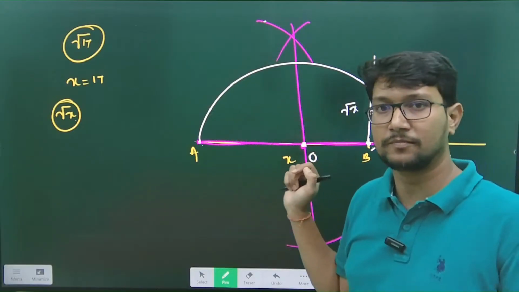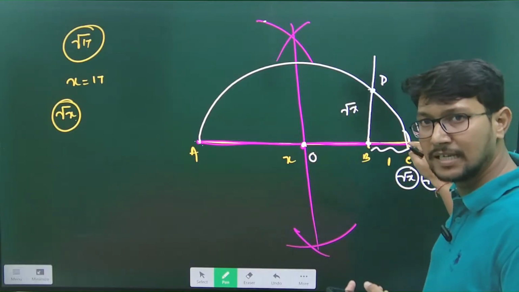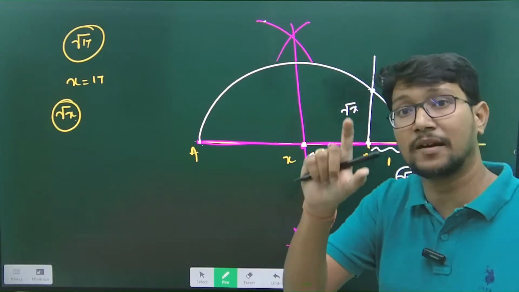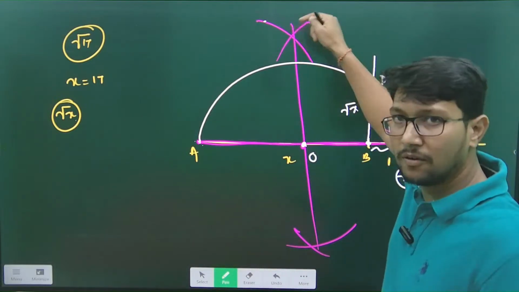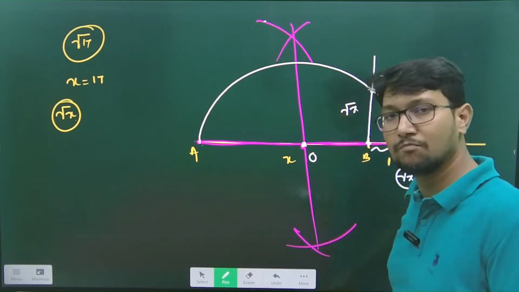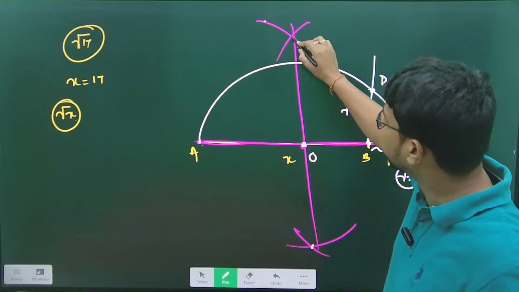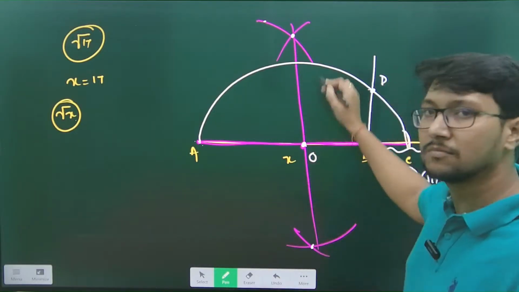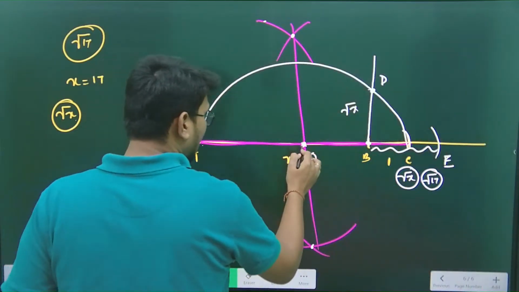Similarly, from C, with the same radius, take 2 arcs above AC as well as below AC. Then they will form 2 points like this. So you just join these 2 points. Got it? After joining, you'll get O.